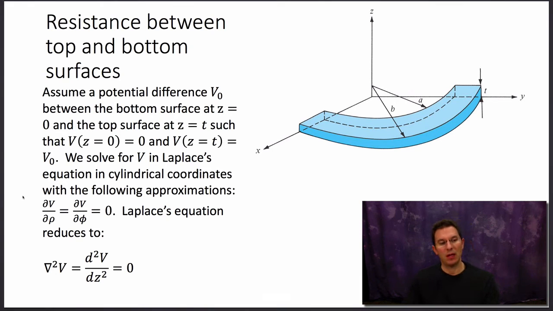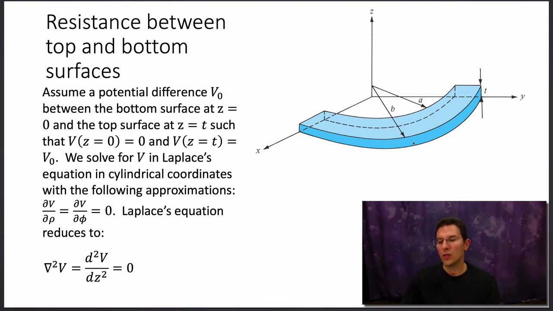Now we're going to say that the variation in rho and the variation in phi is equal to 0. Well, again, why is this approximation, particularly that the partial derivative of the potential with respect to rho is equal to 0, valid? Why can you say that? Again, it has to do with the fact that we are creating a potential difference between two surfaces of constant z.